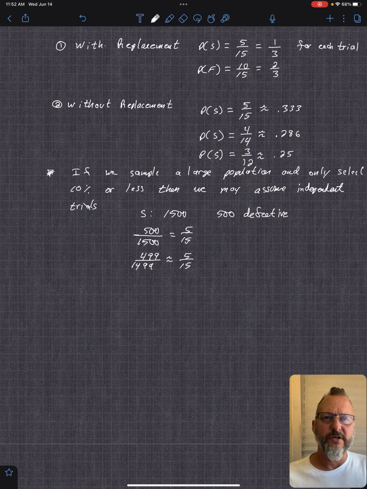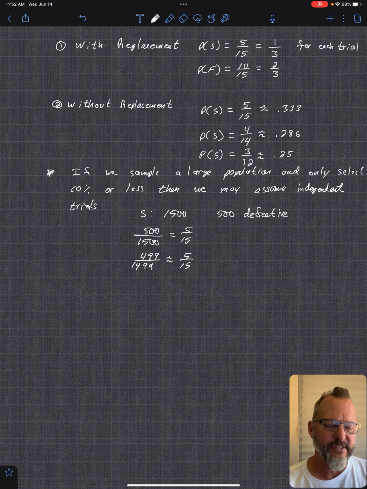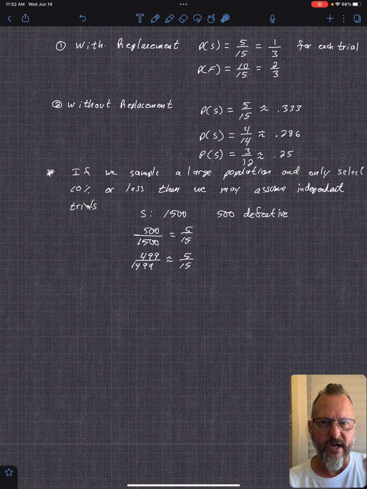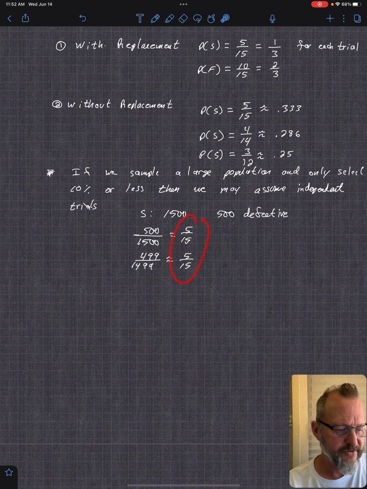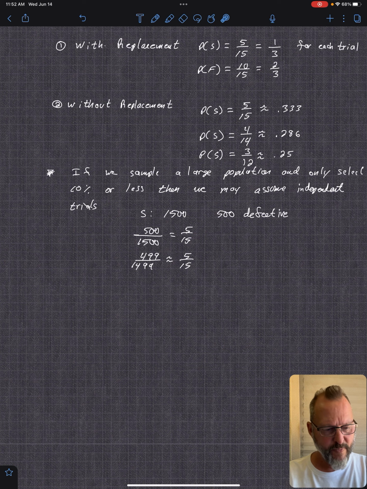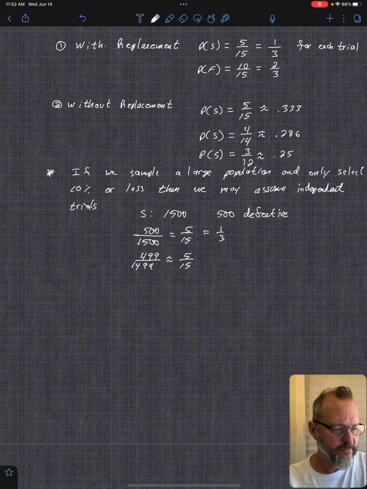So if you use a large enough population and you only sample a small part, less than 10% of that population, and it's a success trial situation, then that's pretty close. Let me check that on my calculator. We know what 5/15 is, it's a third, equal to 1/3. So it's approximately 0.3 repeating.